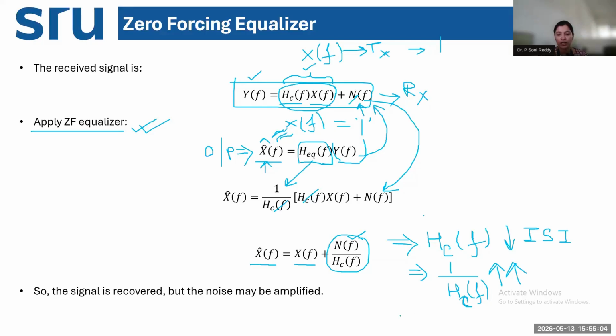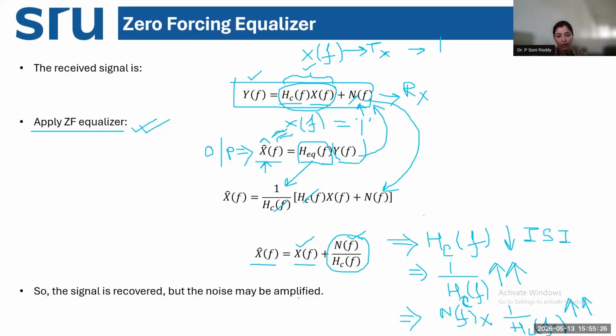That means the overall noise part, noise multiplied by the factor 1 by H(f), becomes very, very large in amplitude compared to your actual desired signal.